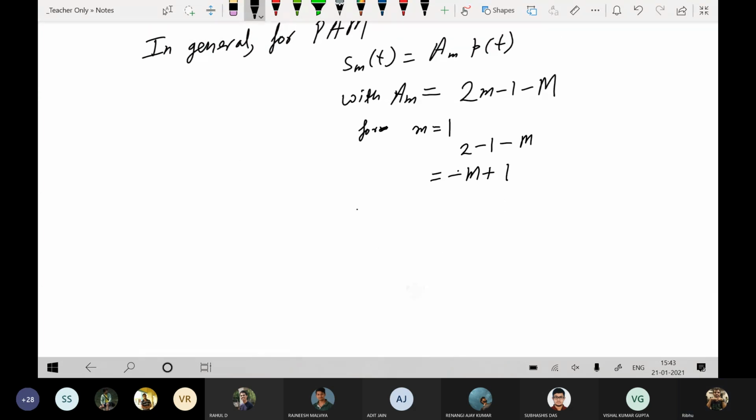And for small m equal to capital M, this equals M minus 1.